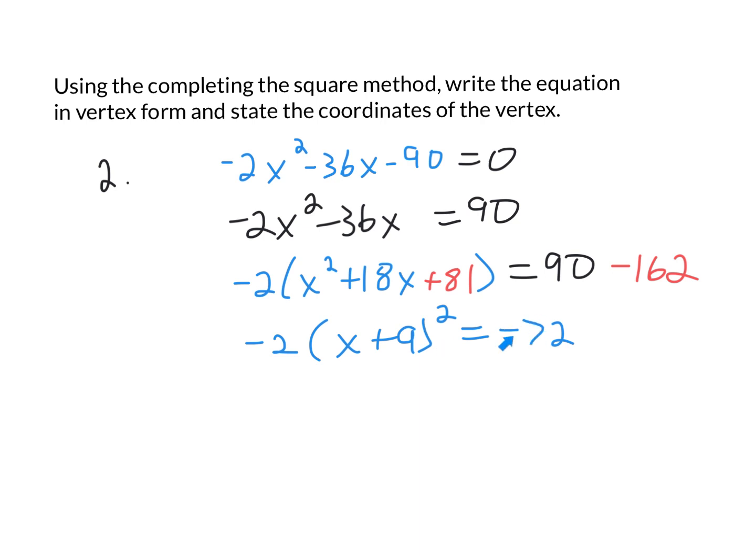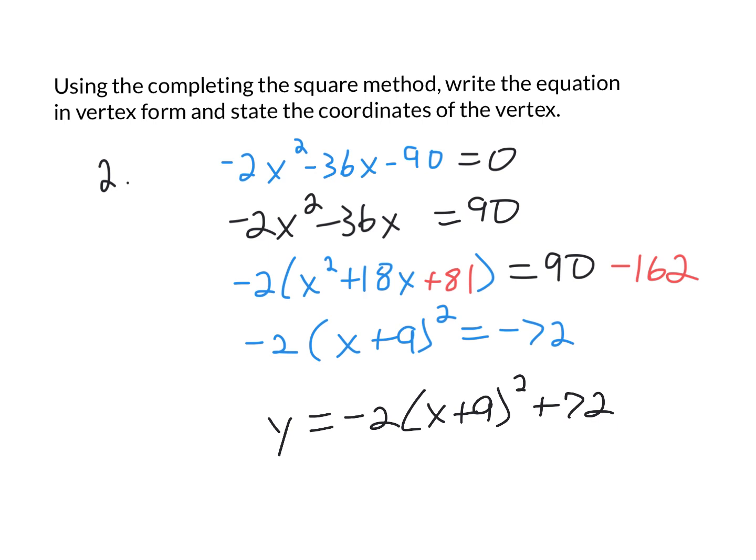The k, it's the -72 over here, needs to come to this side, and it would be a positive 72. So if I write this out in vertex form, it's y equals -2 times x plus 9 squared plus 72.